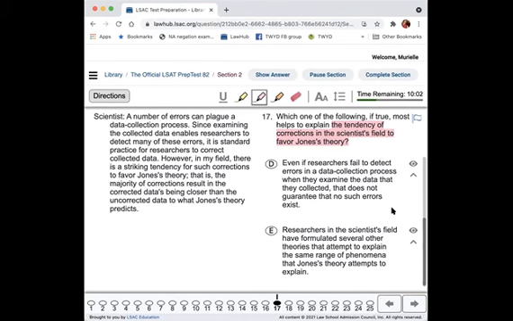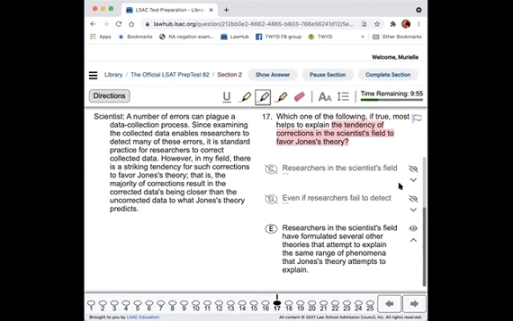So that one's out. It's possible that the only reason the corrected data tends to be closer to Jones's theory than the uncorrected data is because Jones's theory is correct, right? There might be absolutely nothing untoward going on in this situation. It might just be that Jones's theory is right.